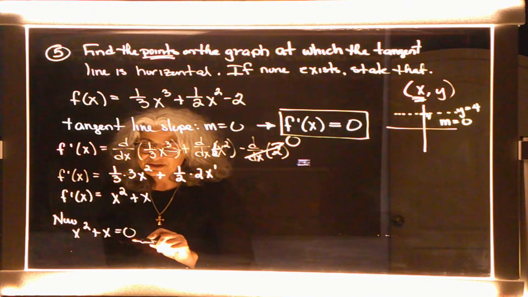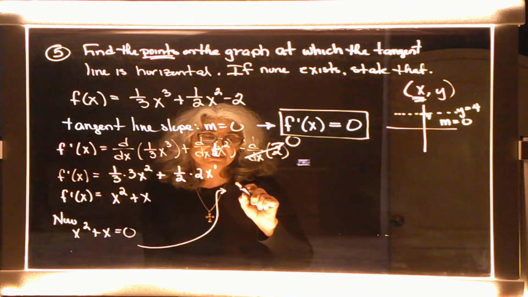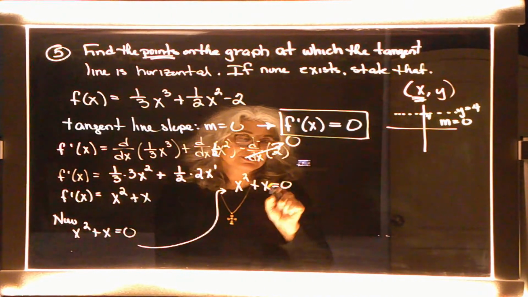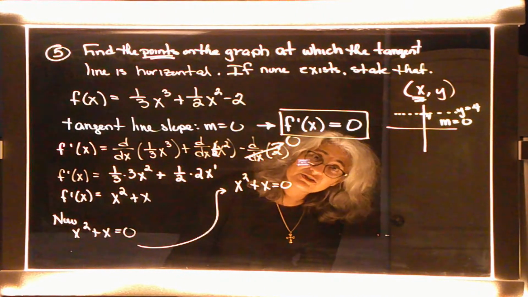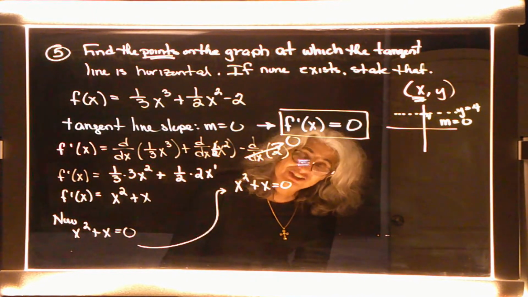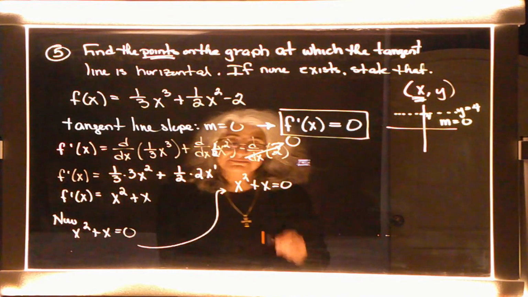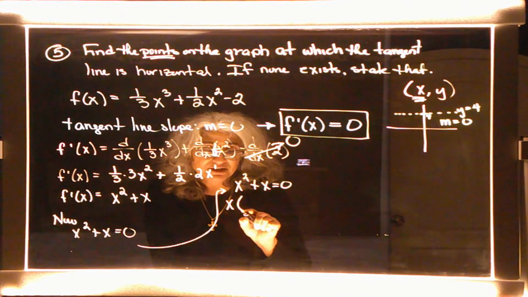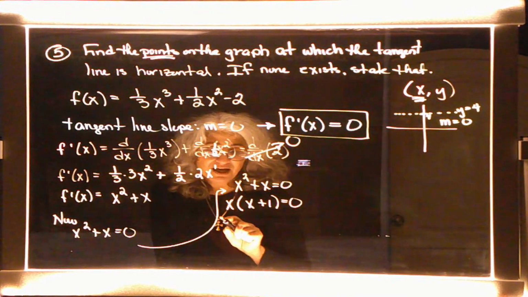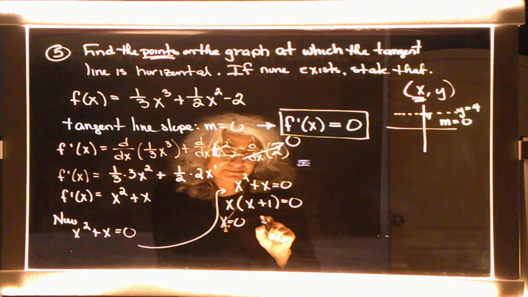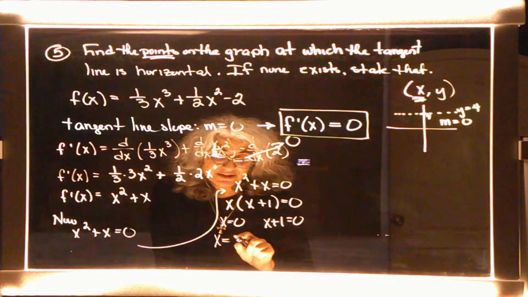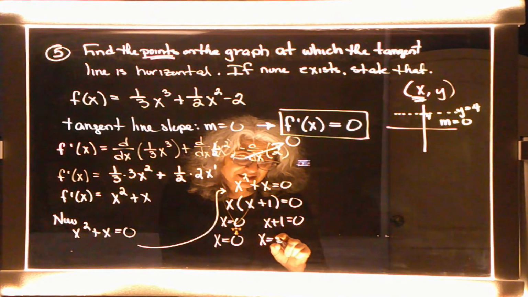Well, I'm going to bring this up over here because I have a little bit of factoring to do, don't I? Why factoring? Well, it's a second degree equation, right? What's the first step of factoring? Good. Factor out what's in common. I see an x in common. I am pulling out an x. I set them each equal to 0. And I solve. So I have x equals 0 and x equals -1.